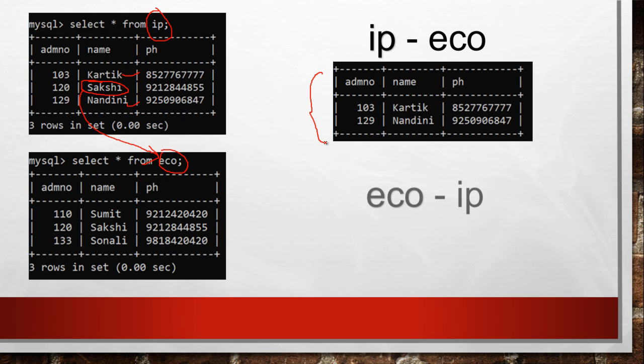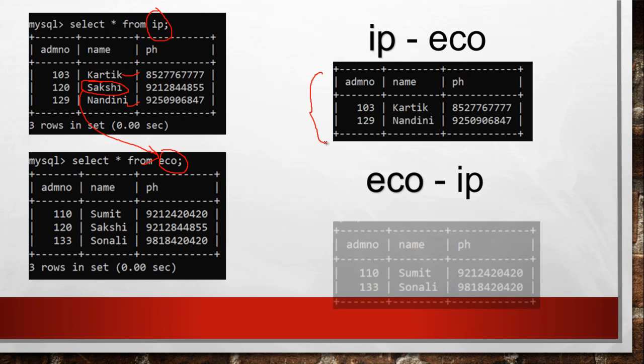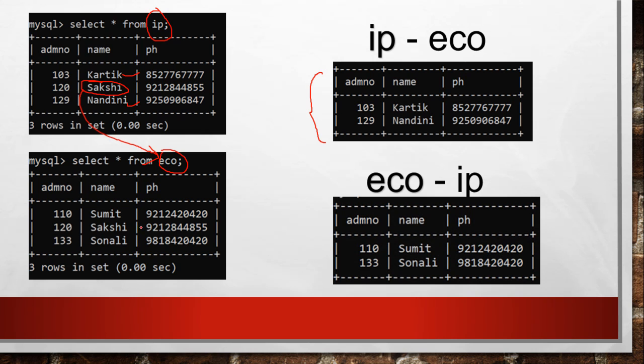But if we perform echo minus IP, then the result of echo students will be shown, but the records of those students who are also present in the IP table get removed. So it will show me only the records of those students who are in echo. You can see that Sumit and Sonali are the two students who study only echo.